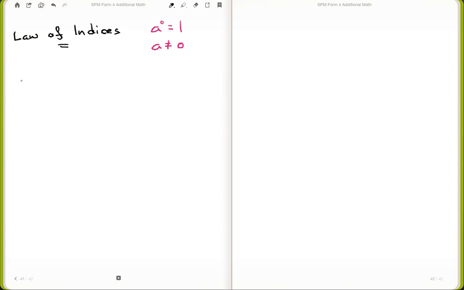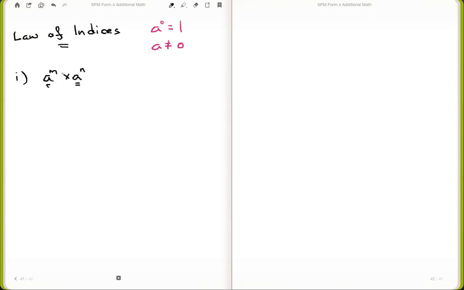First law, I will start with multiplication. Same base number, a raised to the power m, times the same base number raised to the power n. The base number has to be the same. The indices are different.